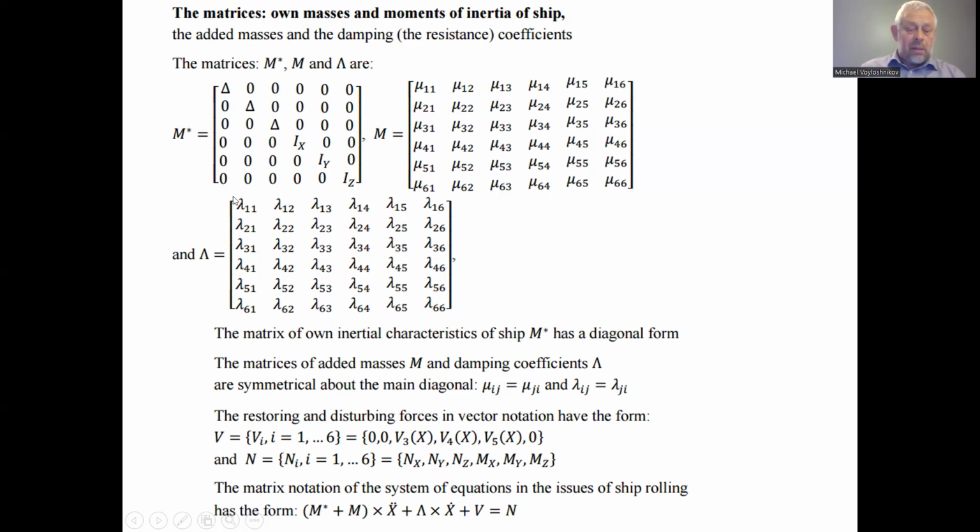And this matrix, as well as the matrix of the added masses, is symmetric relative to the diagonal. So these elements are reciprocal. Lambda 1,4 equals lambda 4,1. Lambda 6,2 equals lambda 2,6, the factors of the damping.